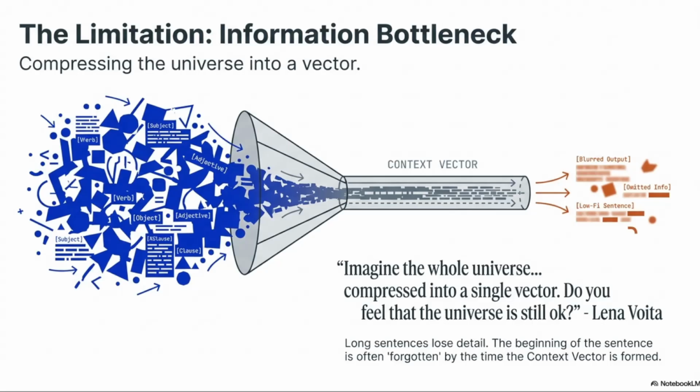This is a very powerful technique, but it has a flaw. We are compressing the entire meaning of the sentence into a single fixed vector. So if the sentence is very long, the model tends to forget the beginning of it. Here we used only 2 tokens, but in real life, let's say we have a whole book, by the end of it we would start forgetting the beginning of the book.